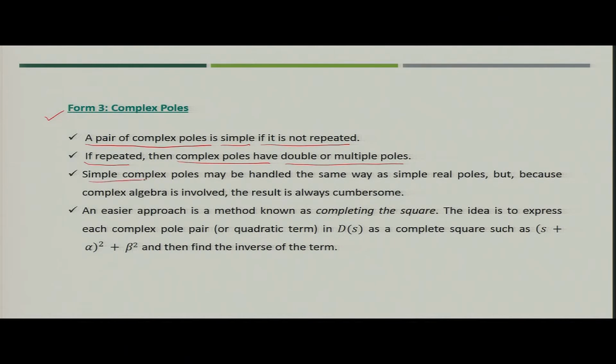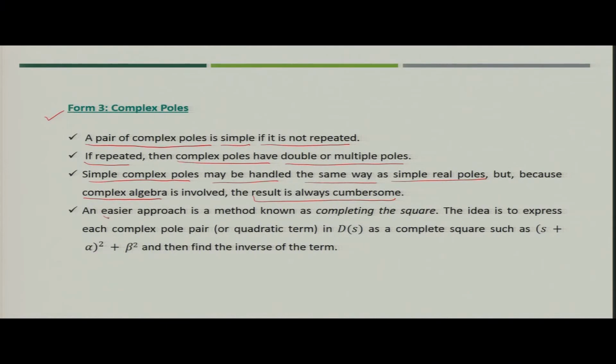Simple complex poles may be handled the same way we handle the simple real poles, but since we have complex algebra involved, the result may be a little bit cumbersome. So, we will use an alternative approach to find out the inverse Laplace transform in case we have complex poles.